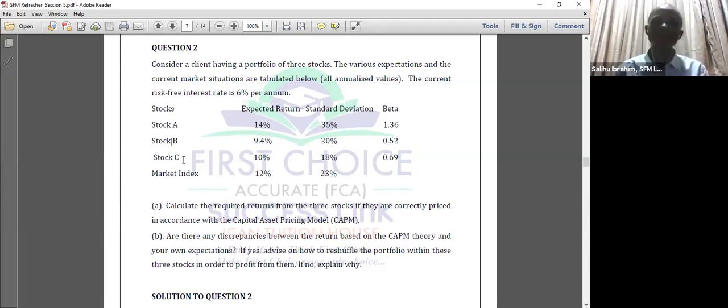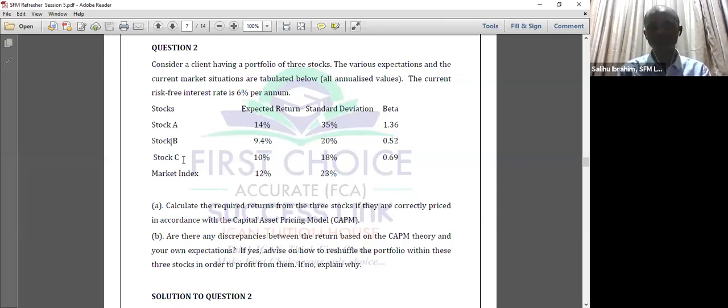Therefore, for you to compute required return, you make use of the CAPM formula. Anywhere, anytime you hear required return, you compute it based on the CAPM formula. I believe that is clear.